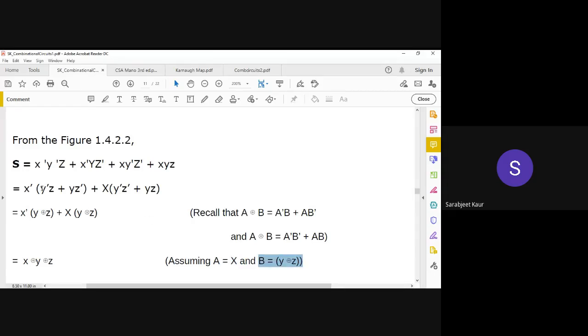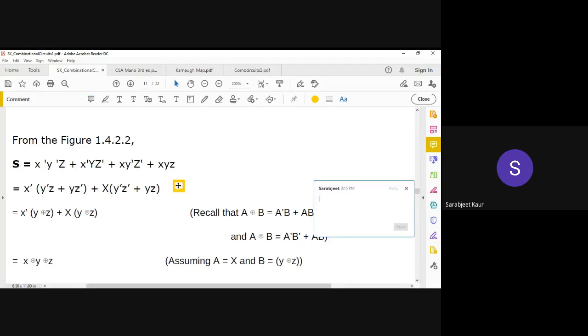Why? Because what is this? You remember? Yes, ma'am. This is y XOR z. So when I assume that this is A and this is B, what will I have?